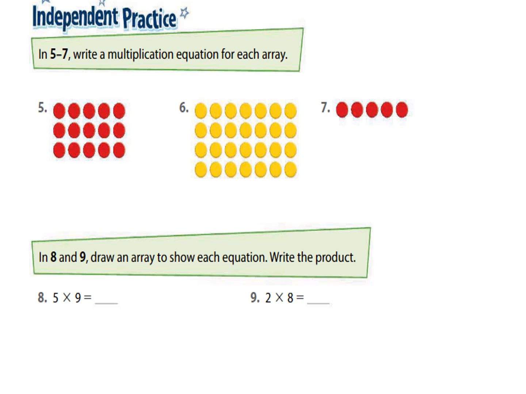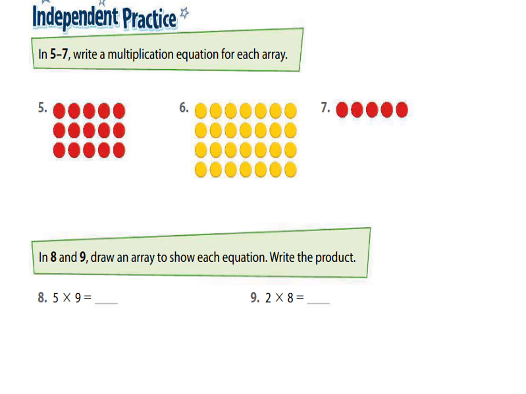Amazing, there are 5. 3 multiplied by 5. You can count all the counters or circles to find the product. How many circles do you have? Amazing, there are 15. So 3 multiplied by 5 equals 15. Also, we can use repeated addition and say 5 plus 5 plus 5.